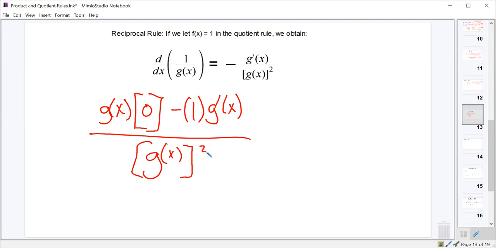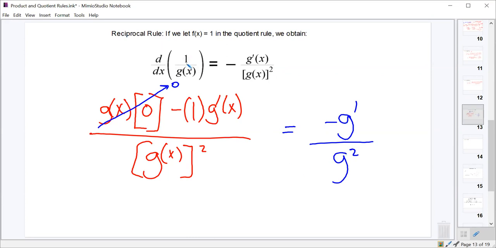And so we should see that this first term, no matter what the constant up here is, when you take the derivative, it's going to become 0. That term will go away, and you're just left with negative g prime over g squared. So that's another good one to memorize and know.